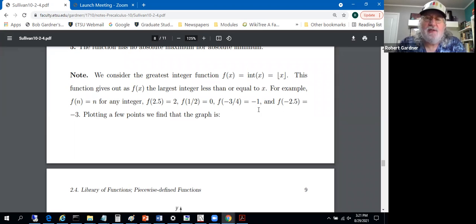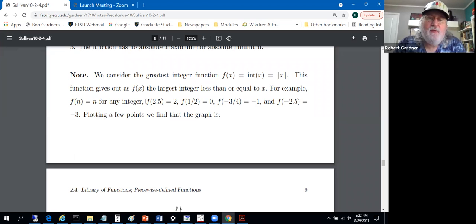This is totally consistent with what we just discussed. It takes -3/4, rounds it down to the greatest integer less than or equal to -3/4. That's -1, not 0. Rounds it down to -1. -2.5, it rounds it down to -3.